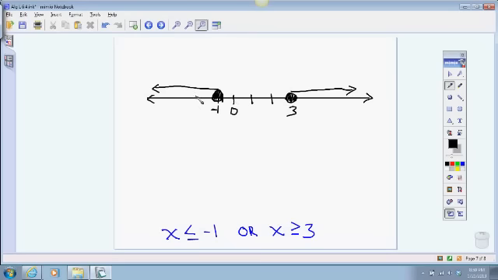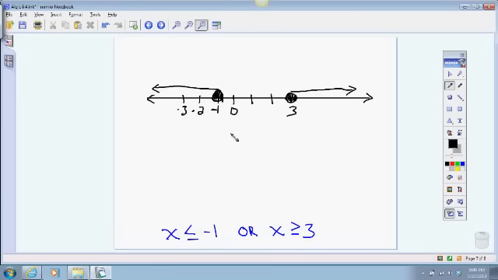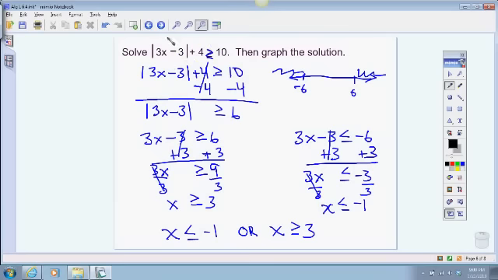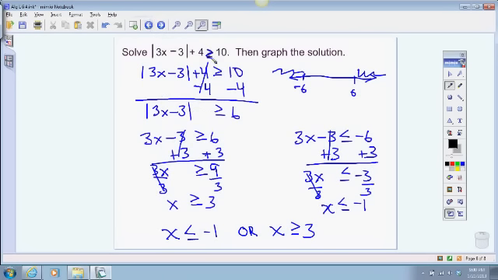What this means, ladies and gentlemen, is that you could stick in negative 2, negative 3, negative whatever, and it would make our original equation true. Remember, we said we wanted it on the outside. Or we could pick a number bigger than 3, 4, 5, whatever, and it would make our original equation true. Okay? So when we have a greater than sign, that's going to be an or statement.